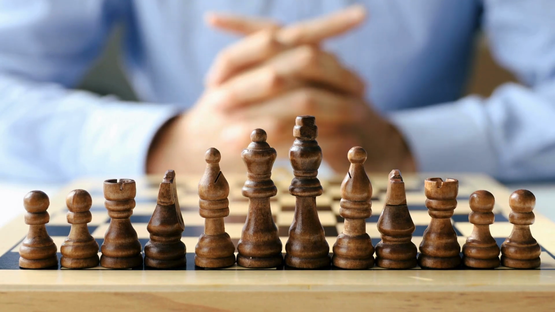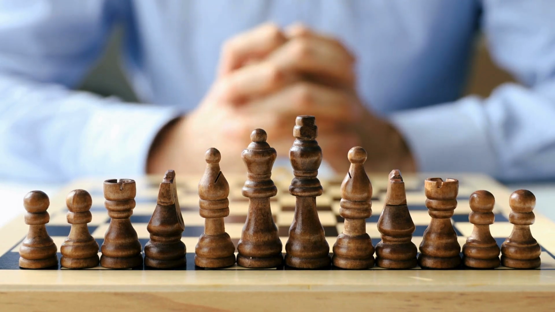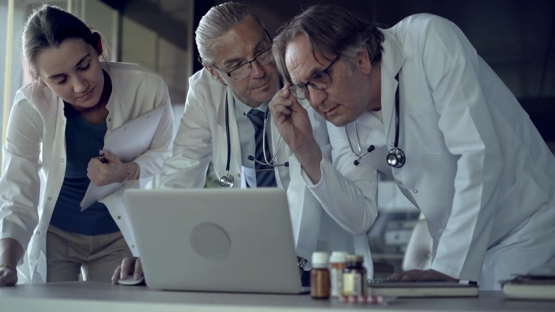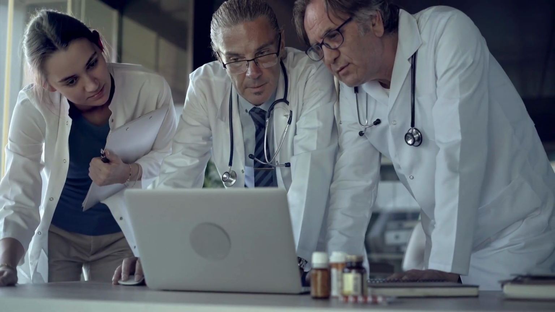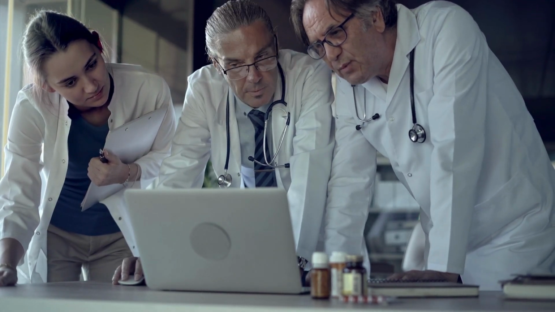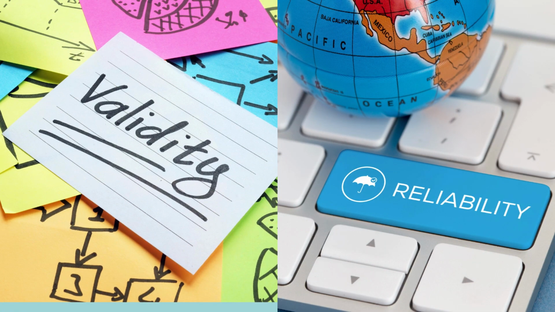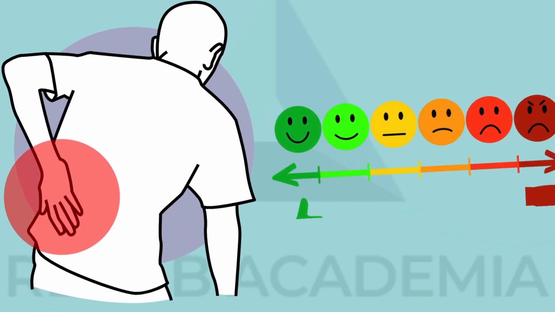By establishing associations, they allow researchers to test or model theoretical propositions, helping refine clinical decisions and planning. Methodological research establishes reliability and validity of assessment tools, like testing the accuracy of a back pain assessment scale in rehab settings.